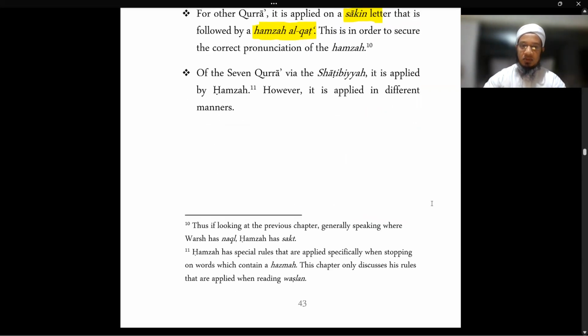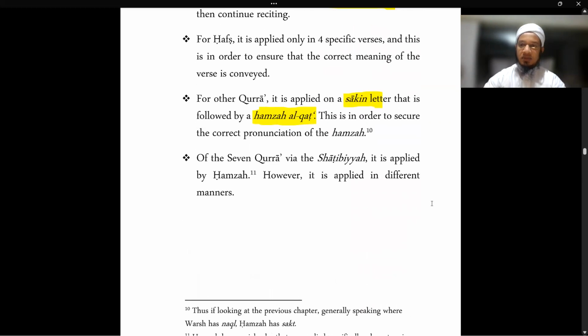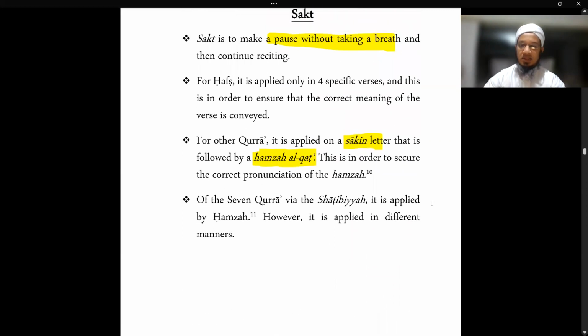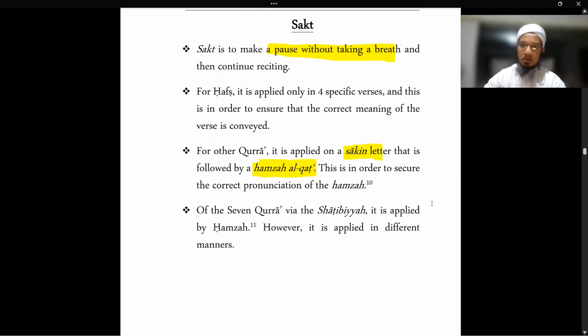So therefore, wherever Warsh will have naql, Hamza will have sakt. The naql was when you have the transfer of the harakah of the hamza to the sakin before it. You have sakin followed by hamza. That's where the sakt is going to apply for Hamza. So it will be applied by Hamza, and both Khalaf and Khallad are included in that.